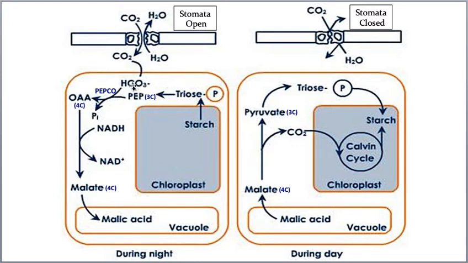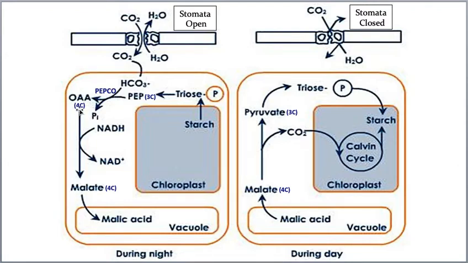Here 1 carbon in the form of bicarbonate, here 3 carbon in the form of phosphoenol pyruvic acid. Now this 1 carbon compound and this 3 carbon compound react with each other in the presence of PEPCO to form a 4 carbon compound called oxaloacetic acid.